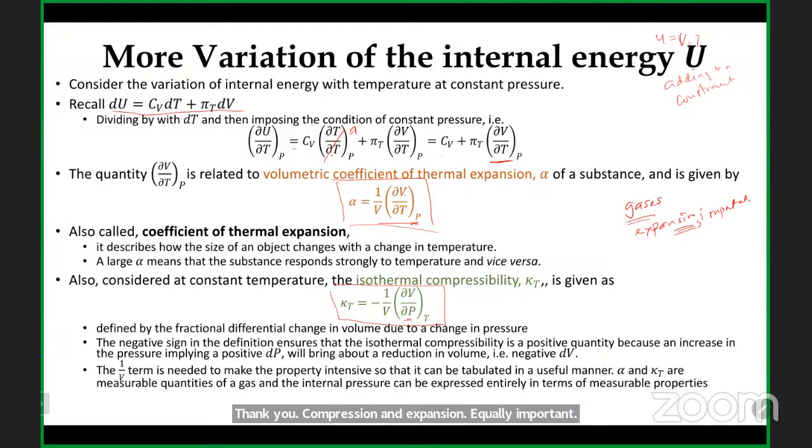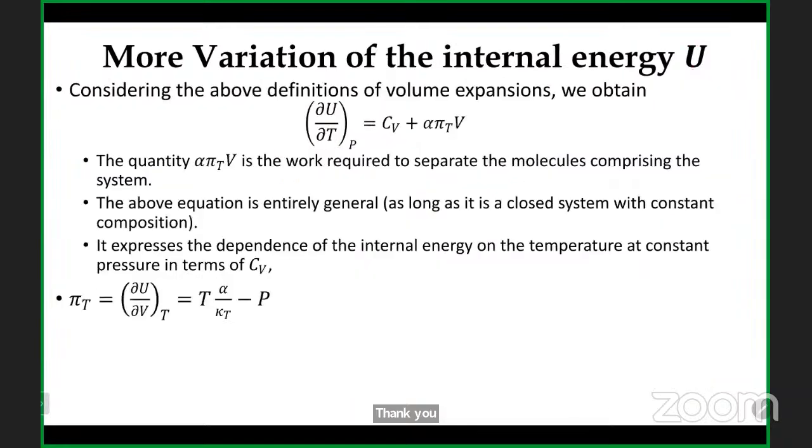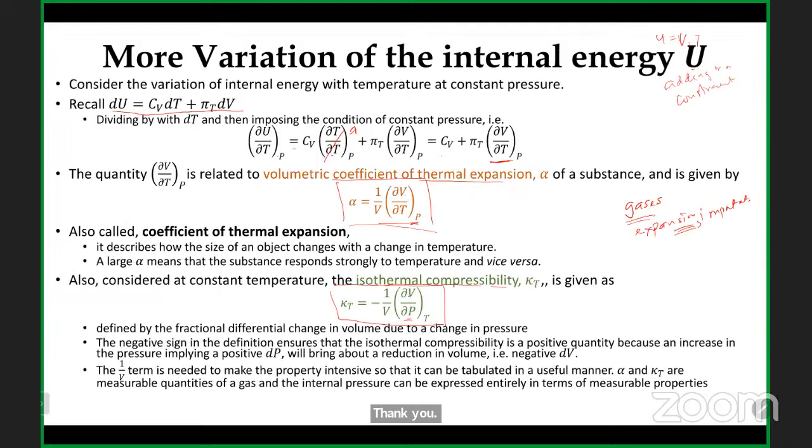So kappa T is the isothermal compressibility. So Cv is where we're coming from.